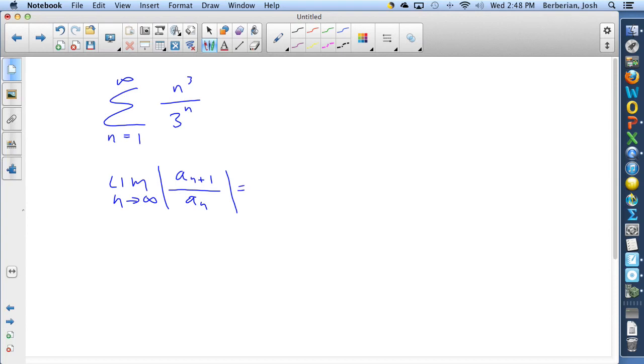So here's what it looks like. The n plus 1 term is n plus 1 cubed over 3 to the n plus 1. The nth term is n cubed over 3 to the n. Well, that certainly doesn't look like it made anything easier. Well, it's going to be okay.